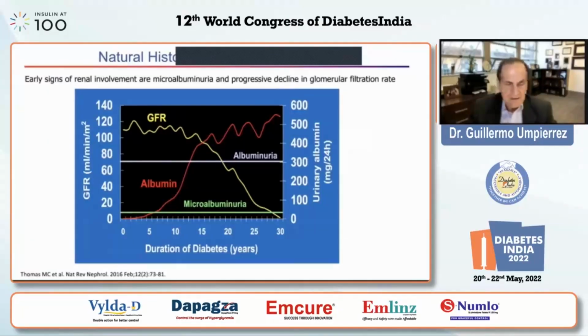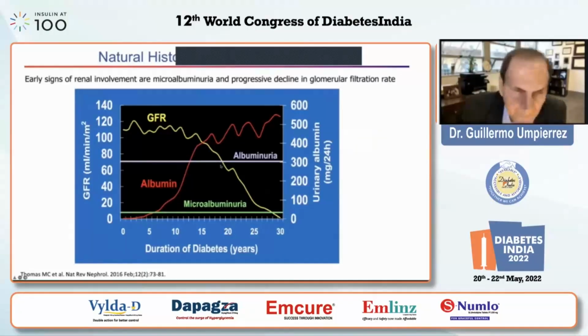I love this slide, although it is a few years old, because it puts together the natural history of how diabetic kidney disease progresses. So you shouldn't have albumin in the urine. So more than 30, here you go. And when you start going up in the albumin in the urine, you're going to see the glomerular filtration rate start decreasing.